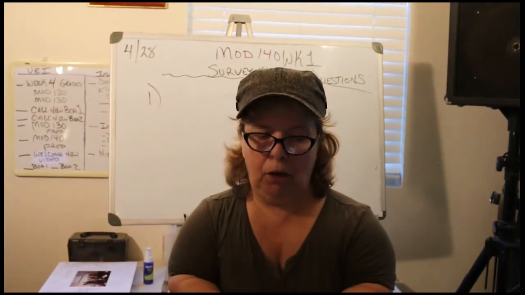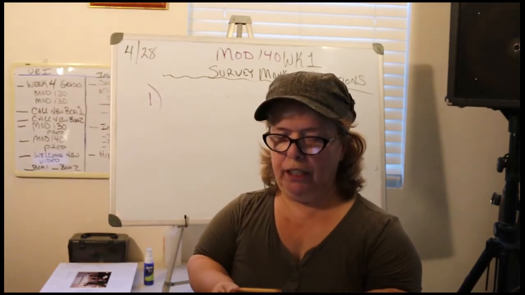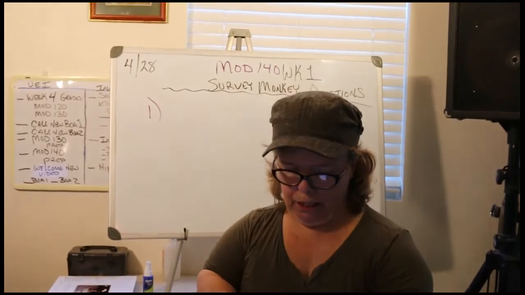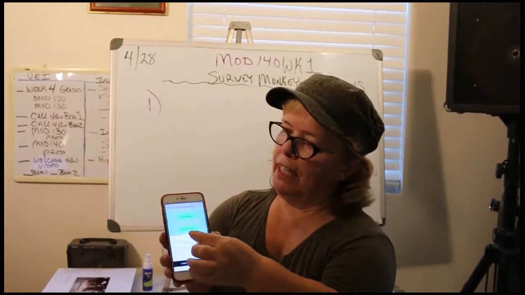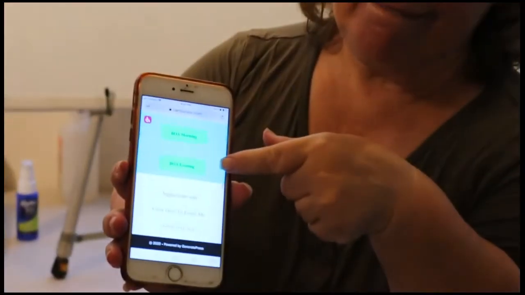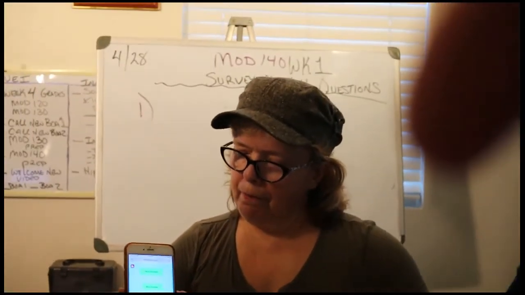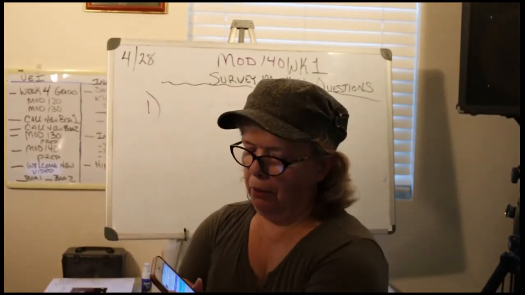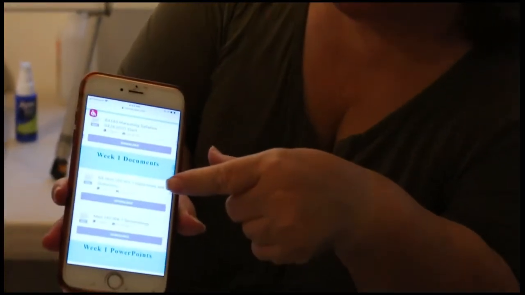The first question can be found, again, if you go to carolsclass.com, and then you go to BOA Evening. Then scroll down and you'll see BA Mod 140 Week 1 Objectives and Questions.